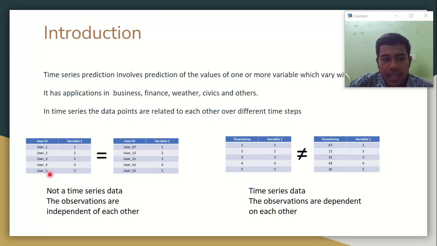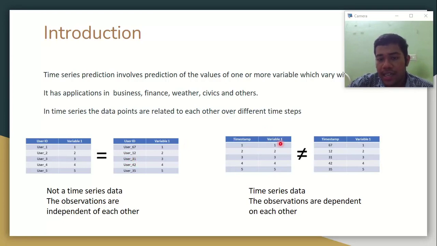So as we can see, the click of user 5 does not depend on the clicks of user 1 or user 2. So basically every row in this particular data set on the left hand side is independent of each other. So such a kind of tabular data does not qualify to be called time series data, because the observations of the variables are not dependent on the other observations.